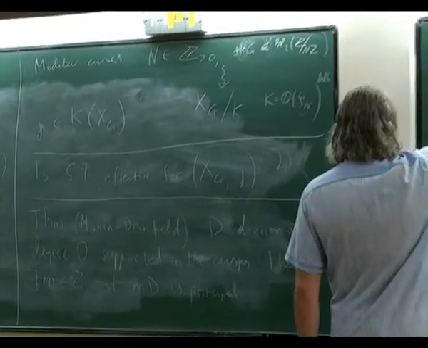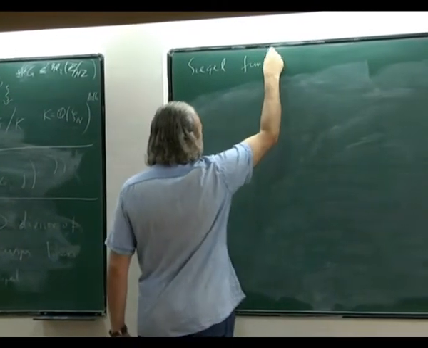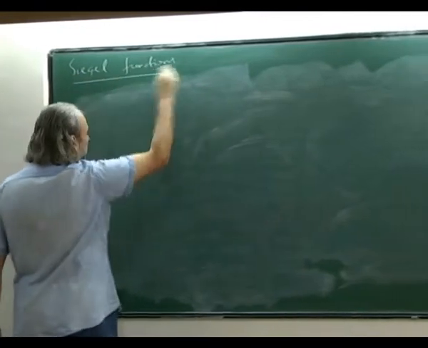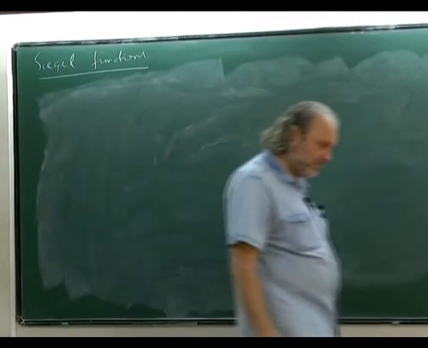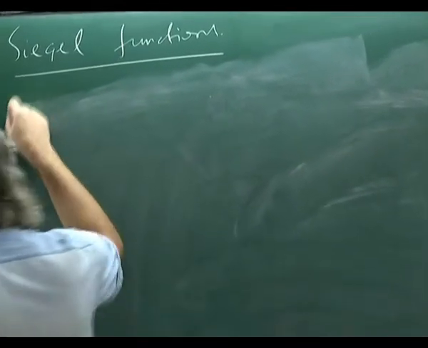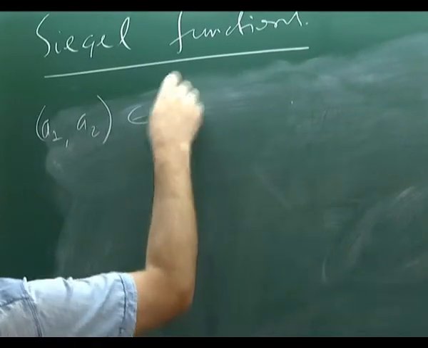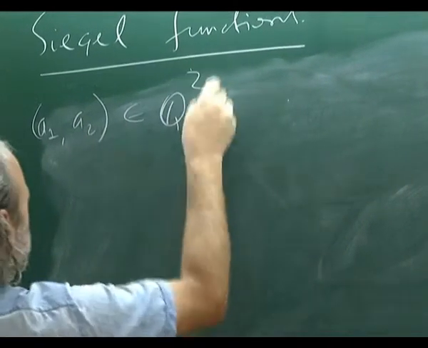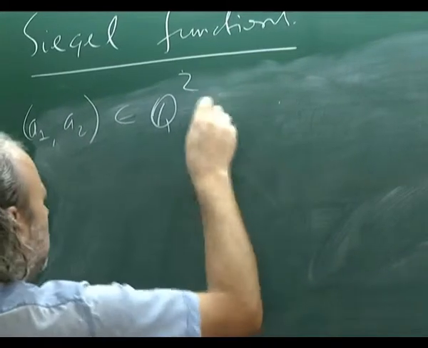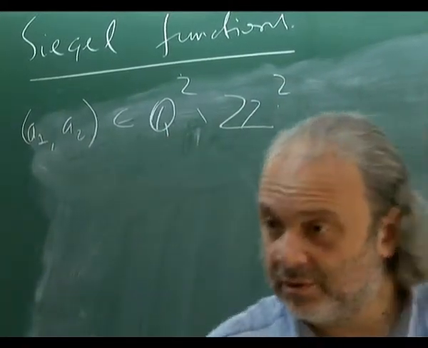One uses the following object called Siegel functions. So let a1, a2 be a couple of rational numbers, which is not a couple of integers. So at least one of them is non-integral.